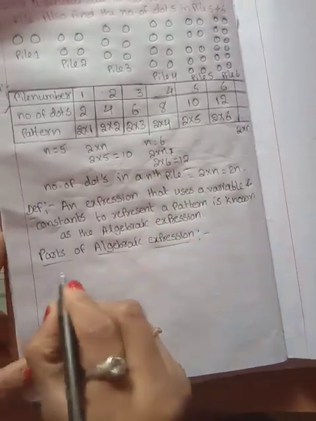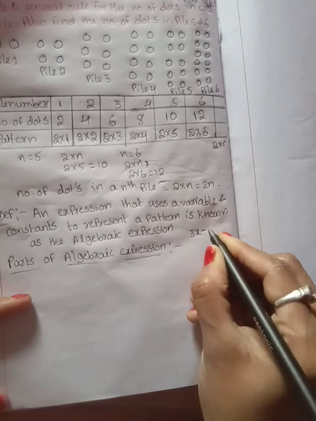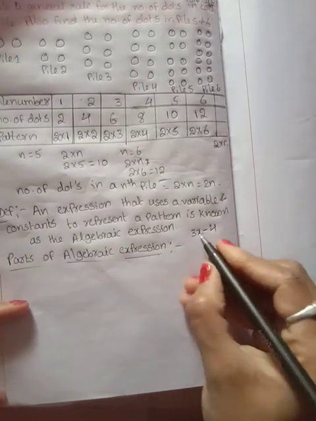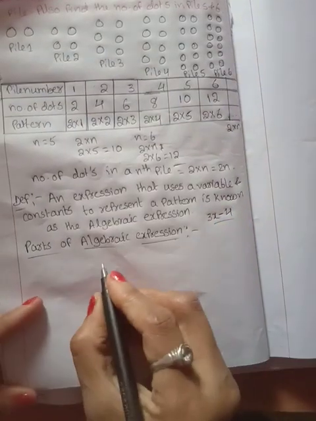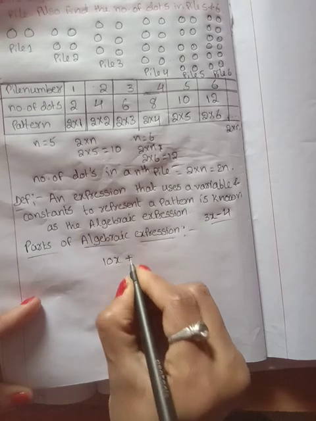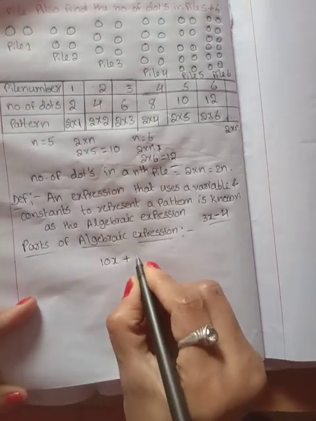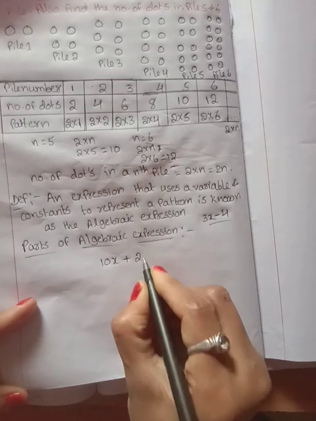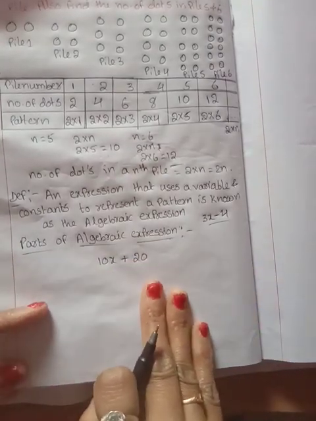For example, take a simple algebraic expression: 3x minus 4. This is a simple algebraic expression only. You can write one more example: 10x plus 20, another simple algebraic expression.